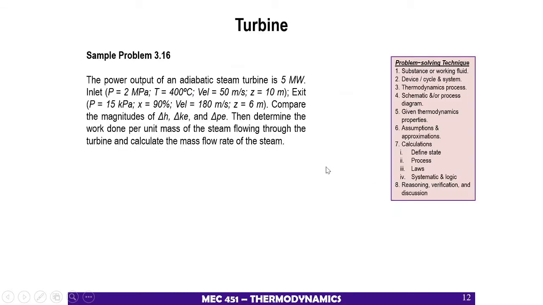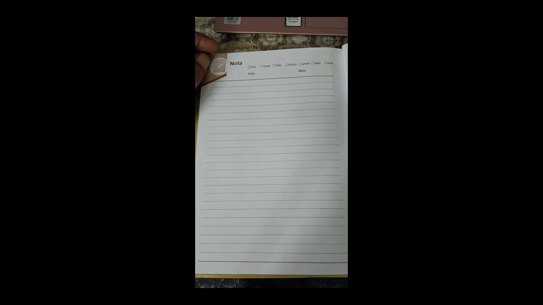Sample problem 3.16. The power output of an adiabatic steam turbine is 5 megawatt.